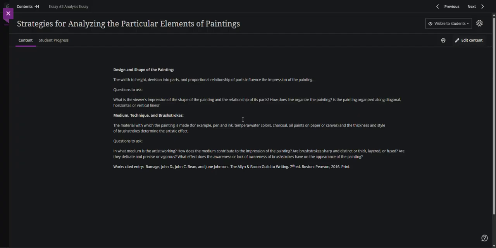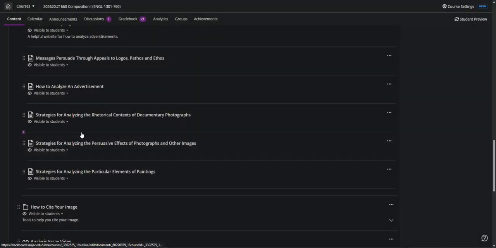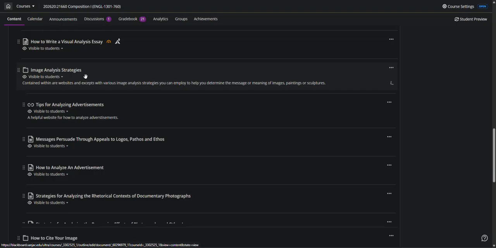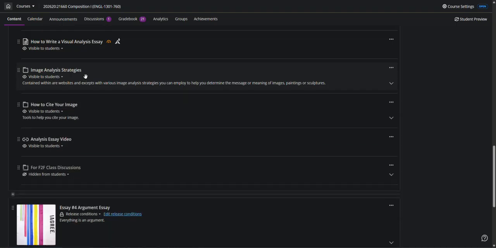For example, oil painting is often thicker and can be used to give depth to an image that a watercolor may not be able to give, etc. So again, more strategies there. But there's an entire folder of strategies, and of course, you are welcome to go to the internet to find more strategies for determining what the message of an image is.